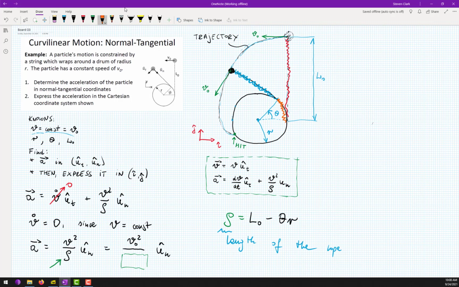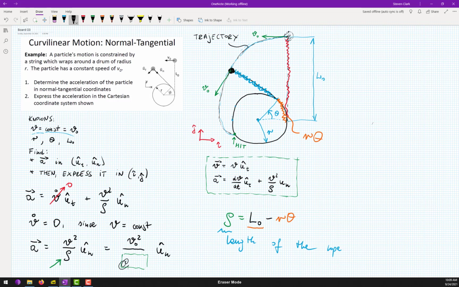The length of that arc is exactly r theta. That's why he said L0 minus r theta. Do you see that, guys? If you want me to explain it one more time, you can ask me later. Thank you, Kyle.